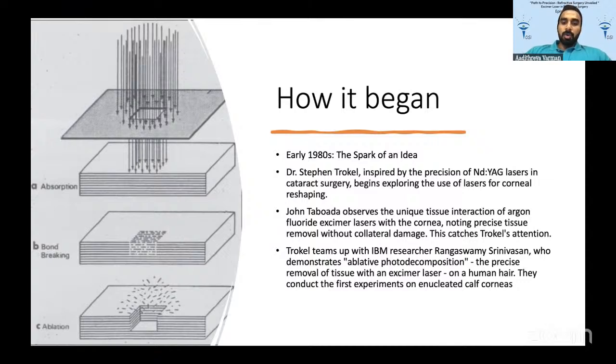Then John Taboada, who was an engineer at IBM, noticed that you can use the Excimer laser for micro-etching of computer chips, with precise tissue ablation without collateral damage. This really caught Dr. Trokel's attention, and it led to the whole idea of using the Excimer laser for corneal reshaping and photoablation. It was first used on human hair, and then they proceeded to use it on calf corneas.